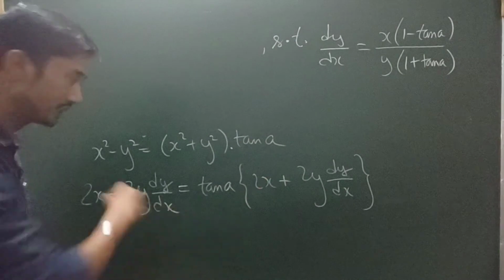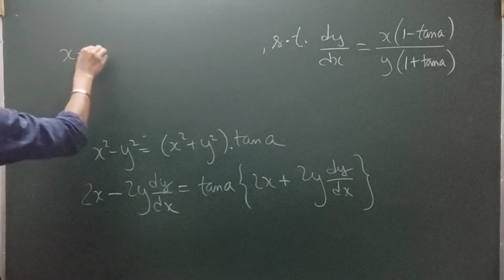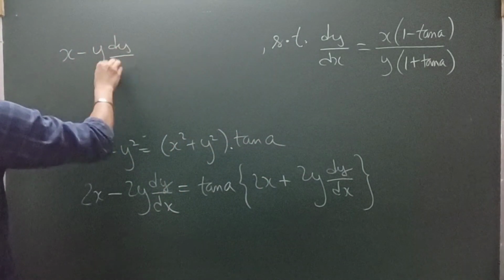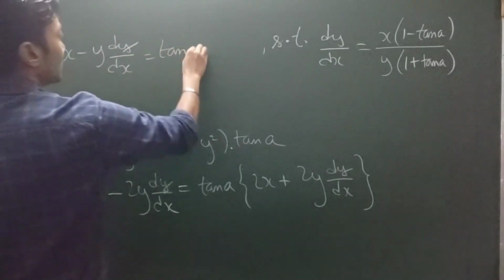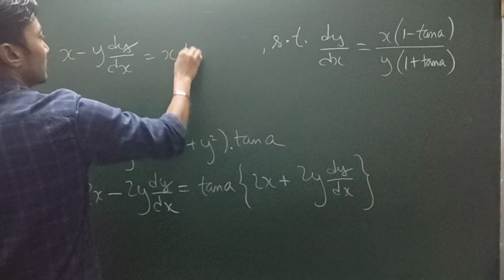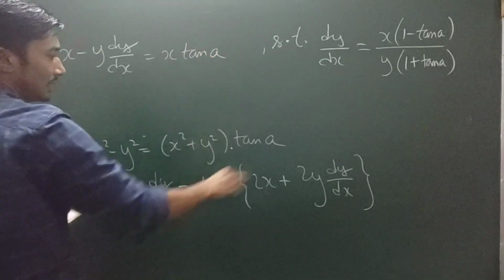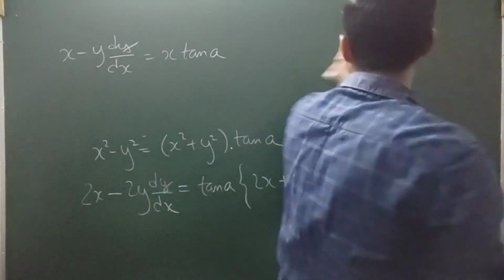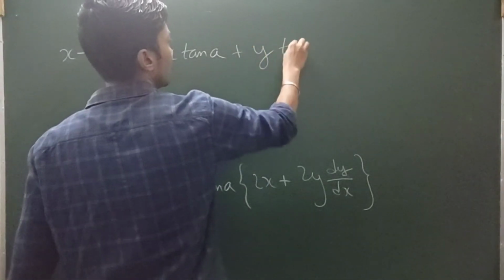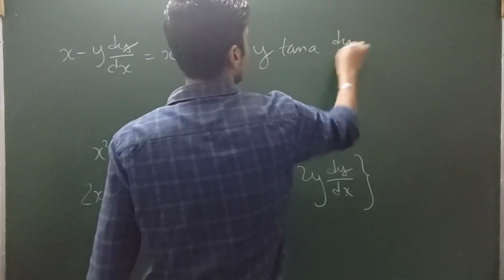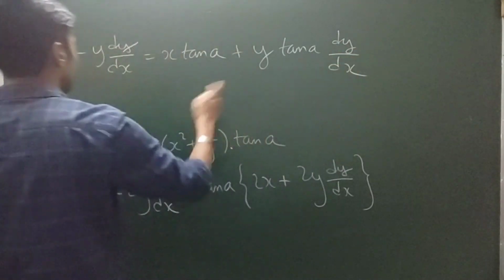Removed. y dy by dx is equal to x into tan a plus y tan a dy by dx.